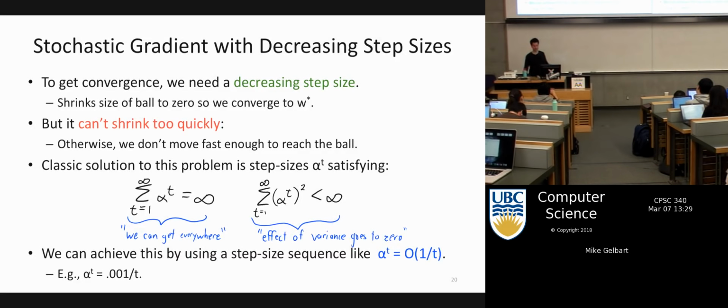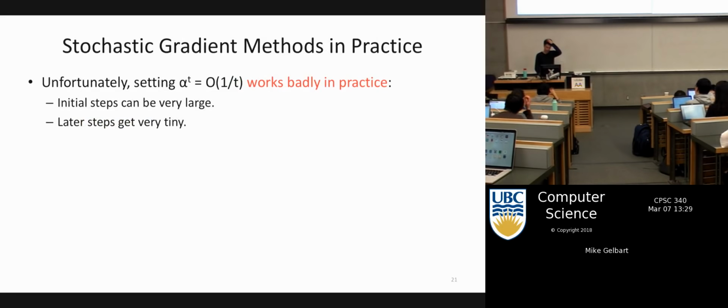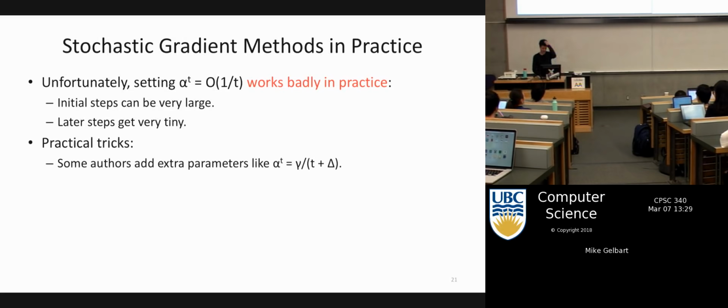Before you burn this 1 over t thing into your brains, sometimes theory and practice are not exactly aligned. There's a whole bunch of different ways of decreasing alpha that people tend to do. You can shift the curve a little bit, which makes it not decrease so drastically at the beginning.